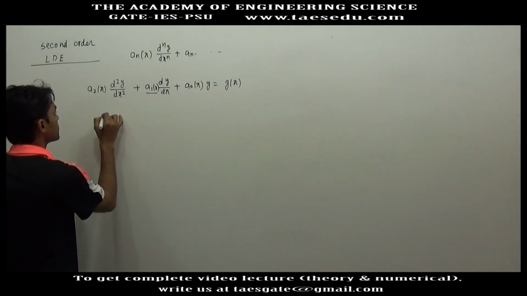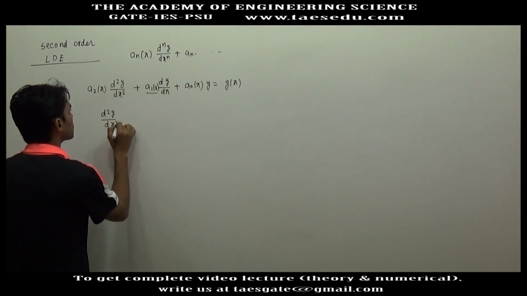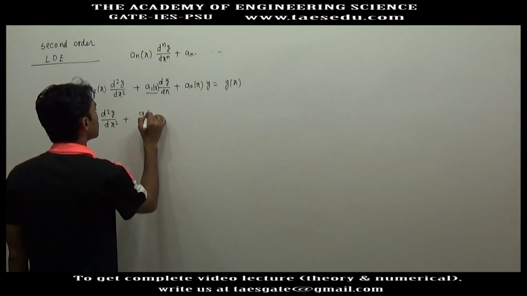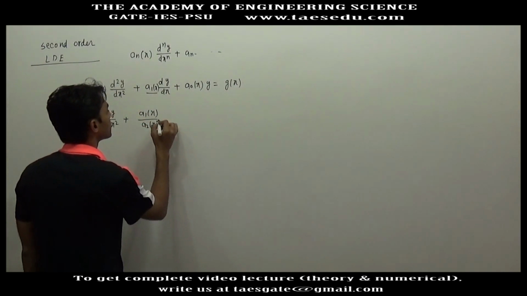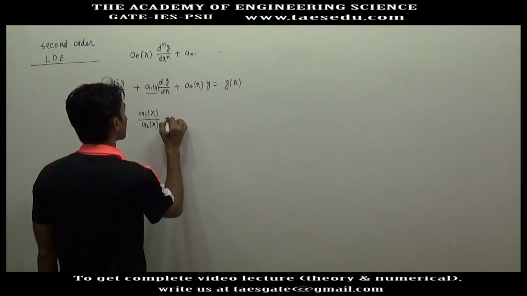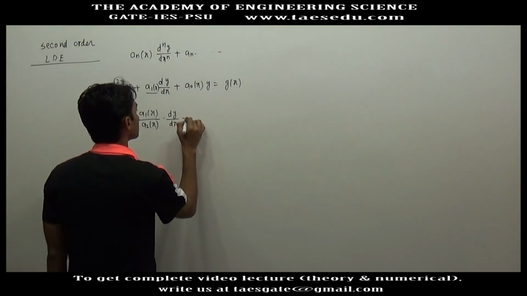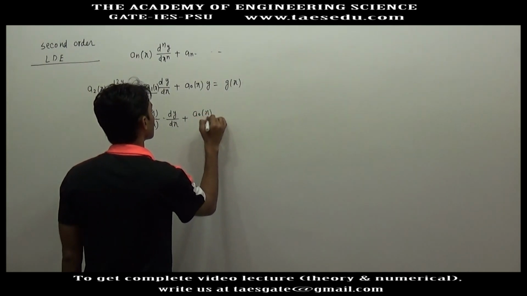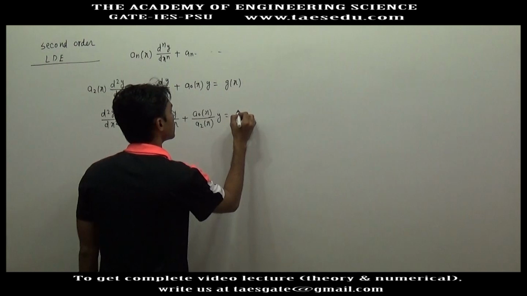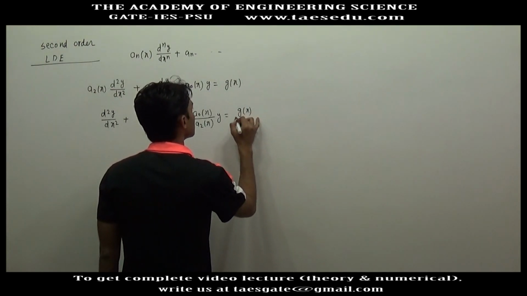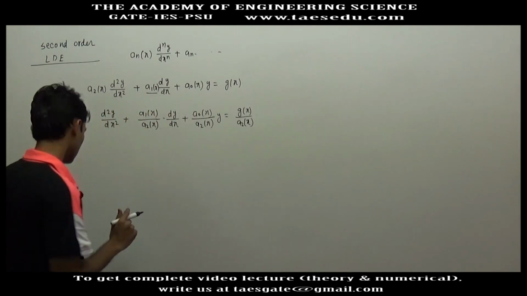This can also be written as d2y by dx square plus a1(x) by a2(x) dy by dx plus a naught (x) divided by a2(x) y is equal to g(x) divided by a2(x).